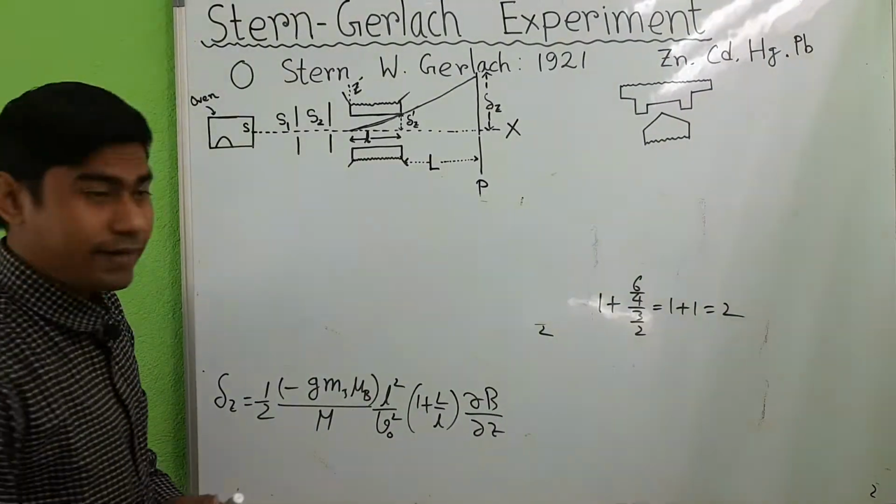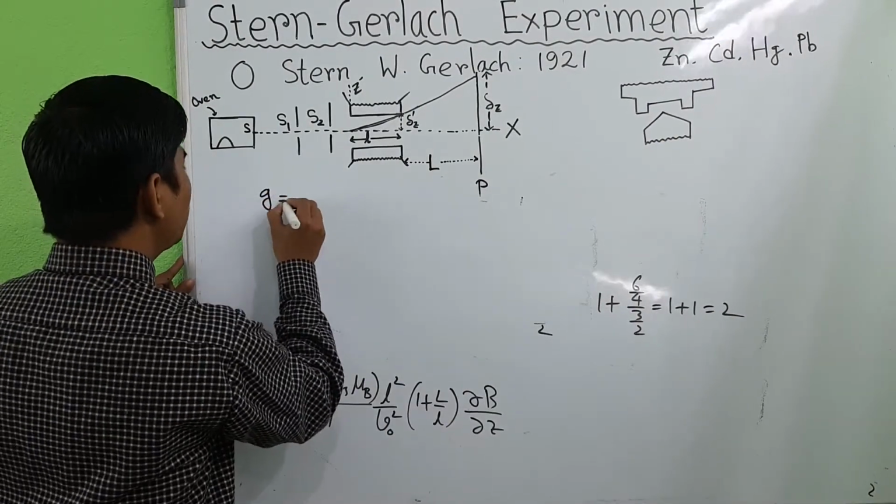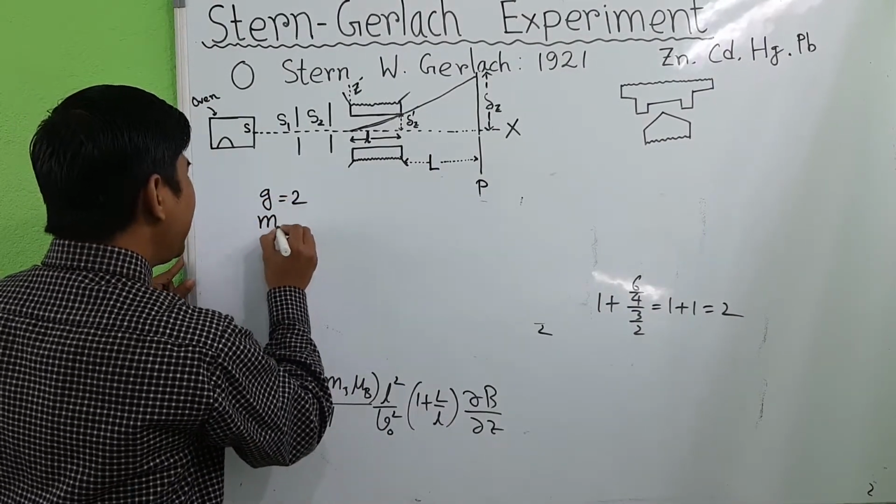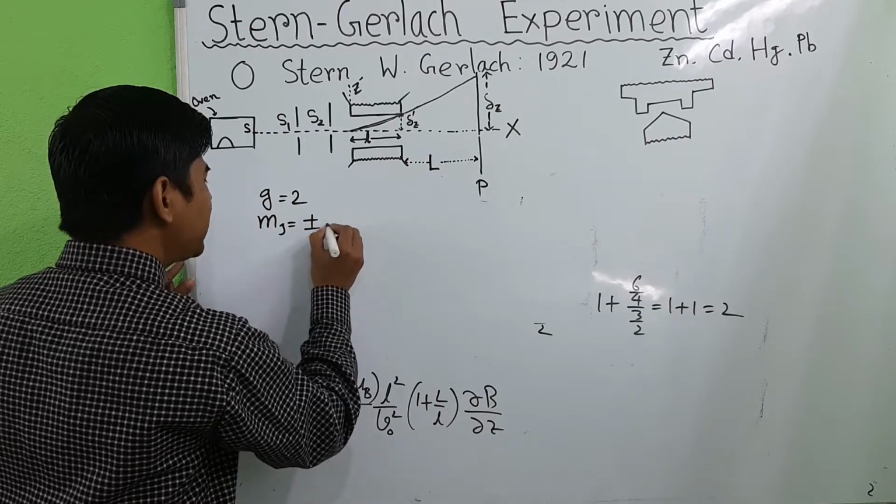So we get here g equals 2 and Mj is plus minus half.